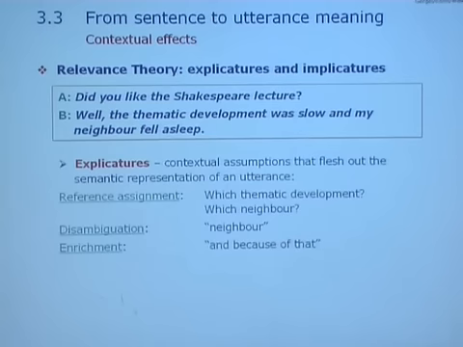There's an awful lot you need to flesh out with the help of contextual effects, and that is what they call explicatures. They flesh out the propositional meaning of an utterance. Here are three prominent processes involved: reference assignment, which thematic development; disambiguation, neighbor in the bench next door; and enrichment, because of that. Okay?